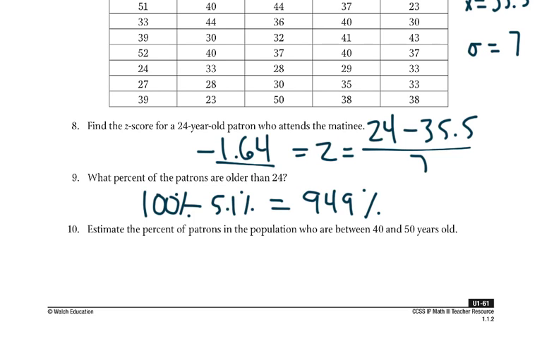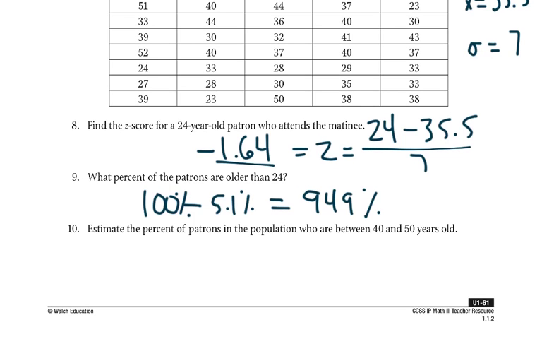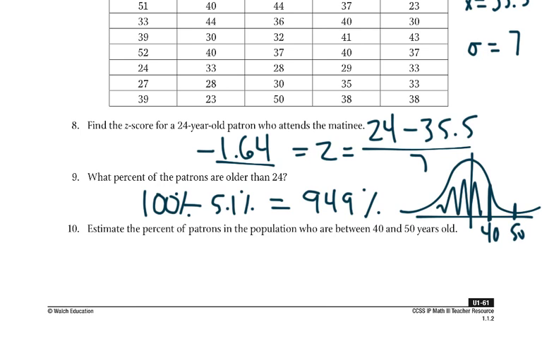Then it says estimate the percent of patrons in the population who are between 40 and 50 years old. So now, once again, on the bell curve, we'll find the 40-year-olds, we'll find the 50-year-olds. The z-score percent will tell us what they all are below. So then we subtract this one from this one to find the middle piece. So I'd go 40 minus 35.5 over 7.